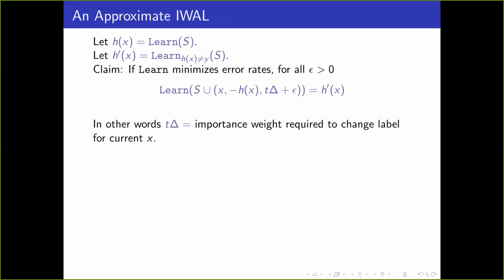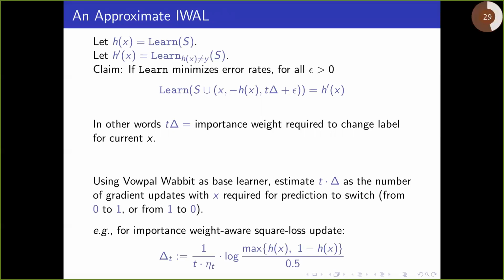How much importance weight is required on the opposite label to cause you to predict the other way on this example? Inside of EW, you can actually query the base learner directly and ask how sensitive the prediction is to an example with a particular label. Then given the prediction and the sensitivity, you can directly estimate what that critical importance weight would be.